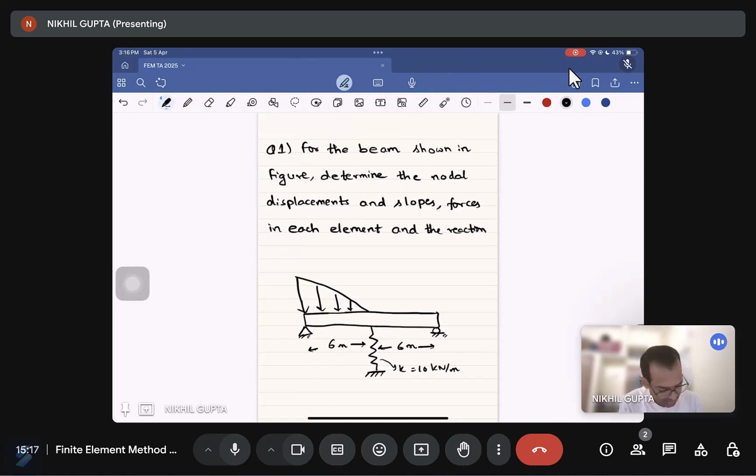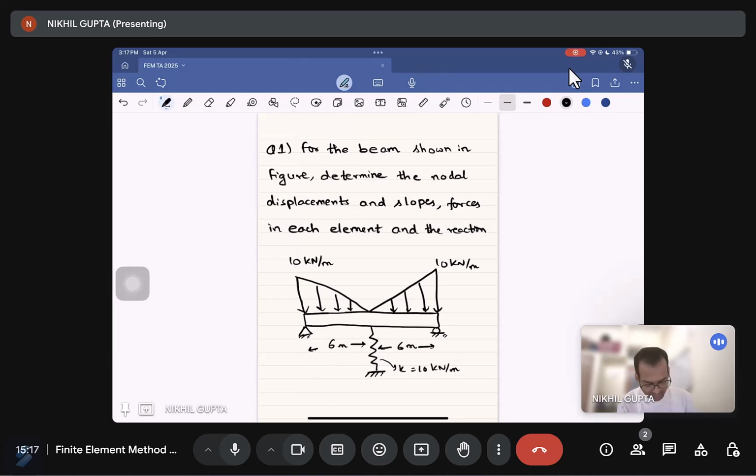Triangular loading is there. Same way, second span also a loading is there, same triangular loading, and its value is mentioned as 10 kilonewton per meter.